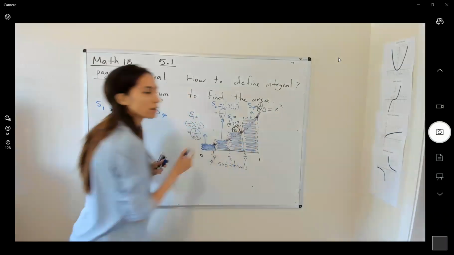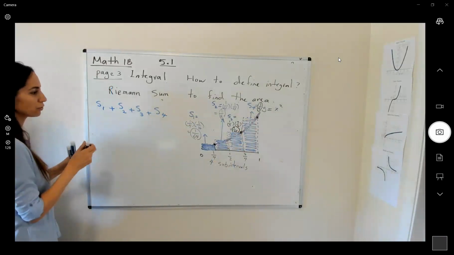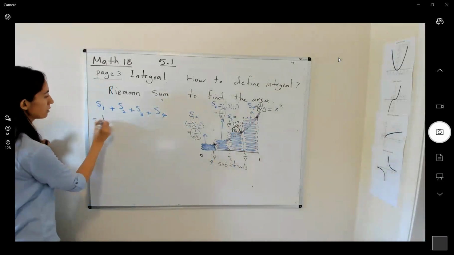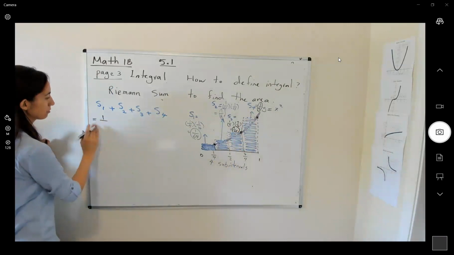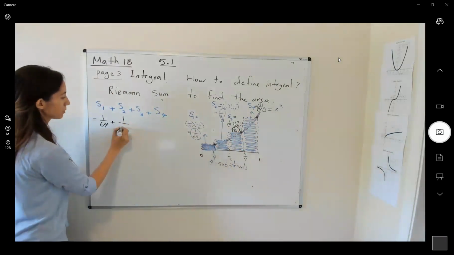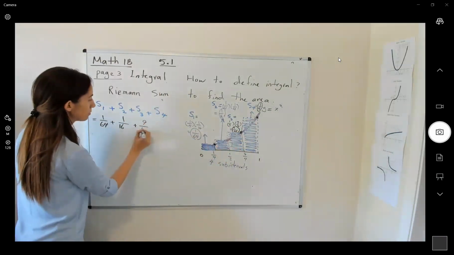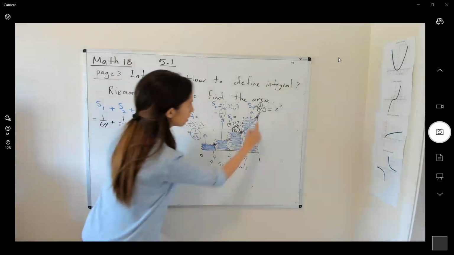It's an upper approximation. So this is equal to 1 over 64 plus this guy is 1 over 16 plus this guy is 9 over 64, and finally I have 1 over 4.